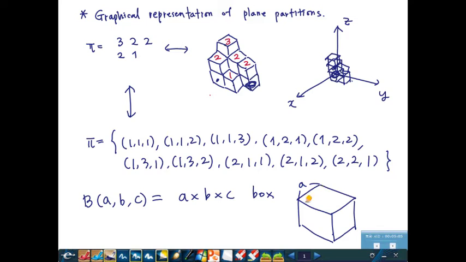The length is A, the length is B, the length is C. So this is a plane partition, a rectangular shape. I'm going to use this notation for this box.